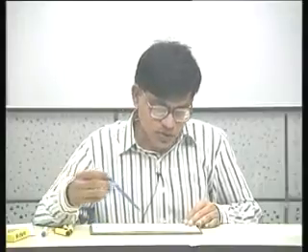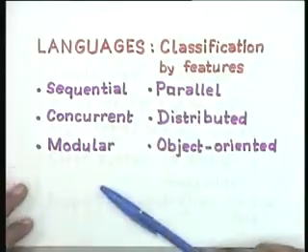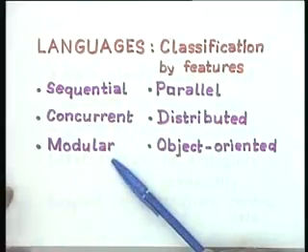Then you have other kinds of languages, those whose primary feature is modules, separate compilation, and more recently what might be called object oriented languages. These add extra features on top of existing languages usually, but there is something fundamental about the new feature that they introduce.